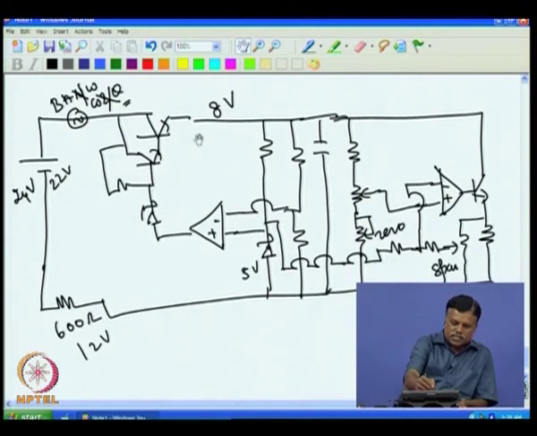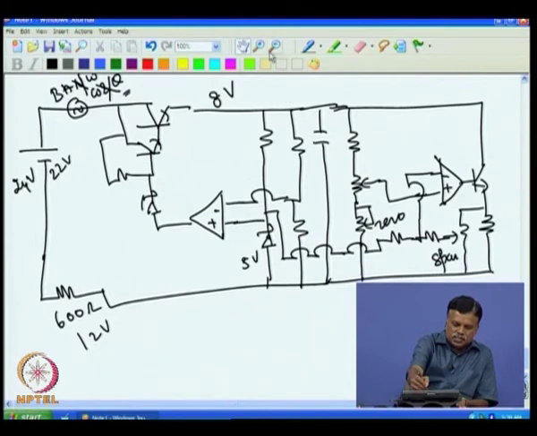So, even if you have a 50 hertz AC, all that it is doing is dynamically adjusting to that 50 hertz field, and you will get only 8 volt here. No AC component will be present here, because any small increase in voltage at this point due to the noise will increase this, and automatically that will pull it back.